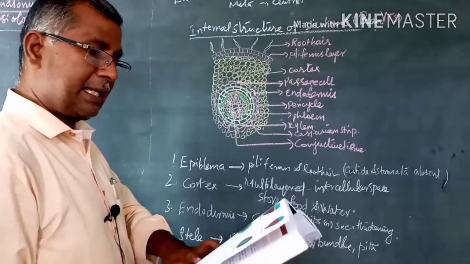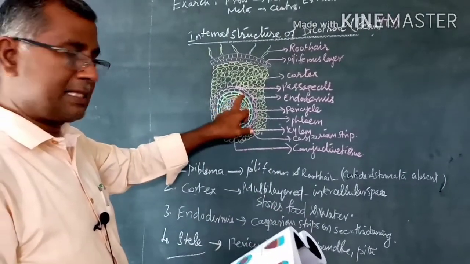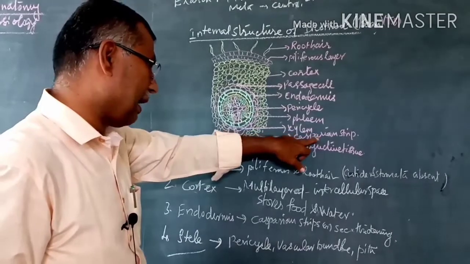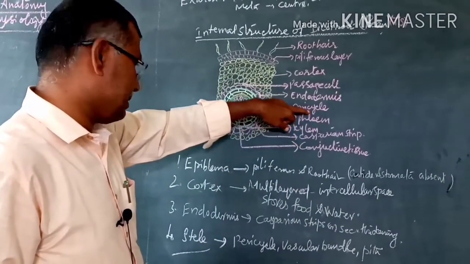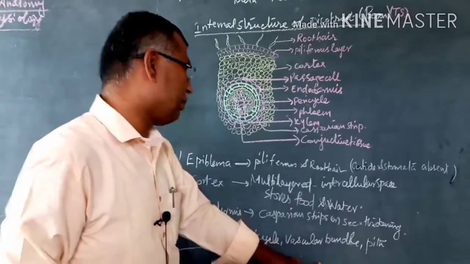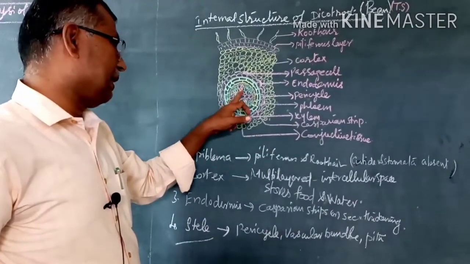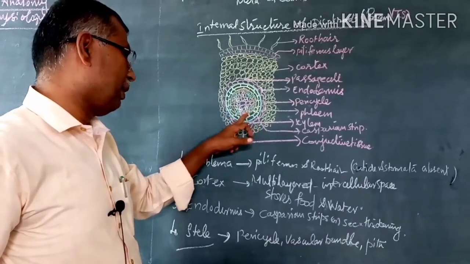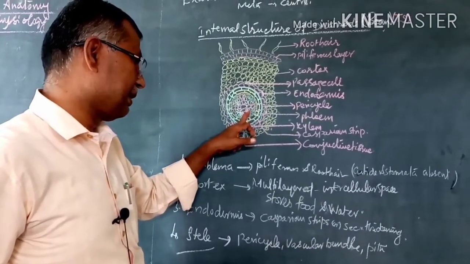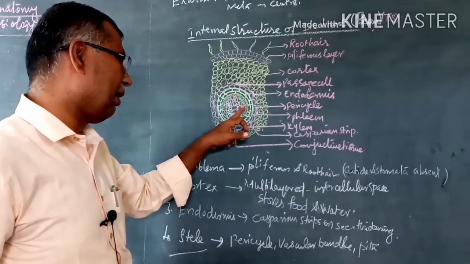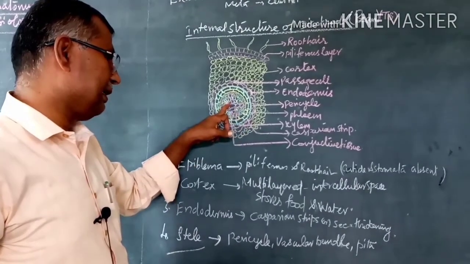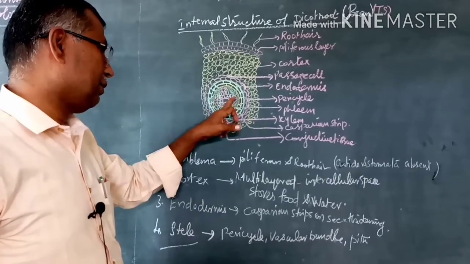The pericycle is the origin of lateral roots. Then vascular bundles: here xylem, phloem and also conjunctive tissue are present in alternate arrangement, which is in tetrarch condition. 1, 2, 3, 4.